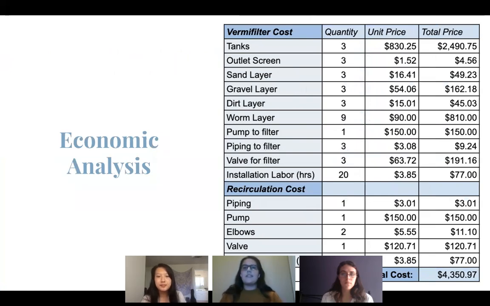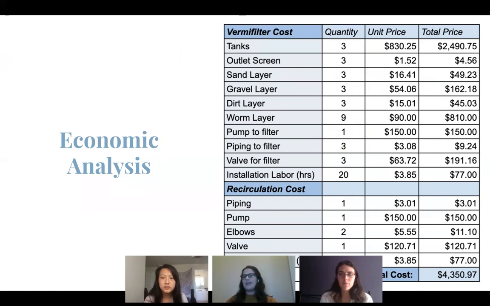The economic analysis for this project, the breakdown is in this chart right here, including the vermifilter cost as well as the recirculation cost. The most expensive part of this filter is definitely those layers, especially the worms. But it is a relatively low maintenance cost. The worms have to be replaced every 7 to 8 months, and that is the most expensive recurring cost.